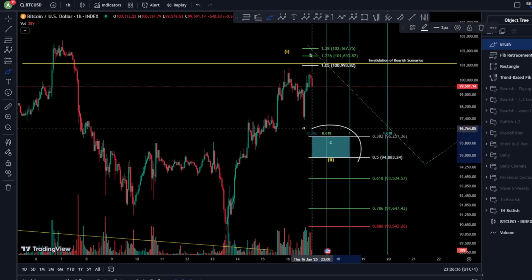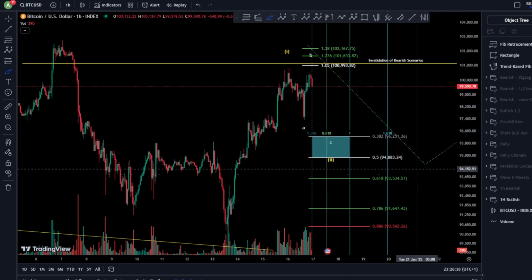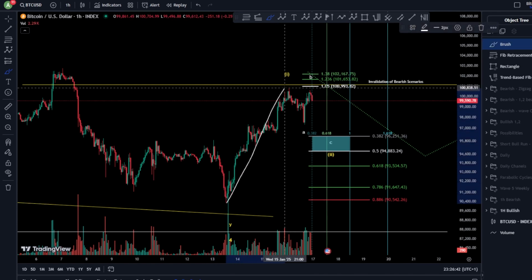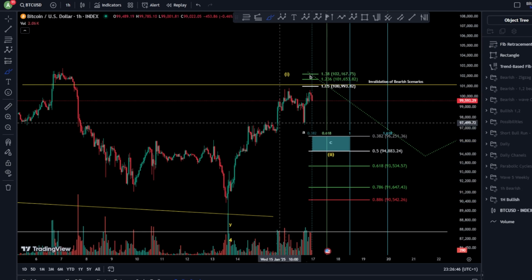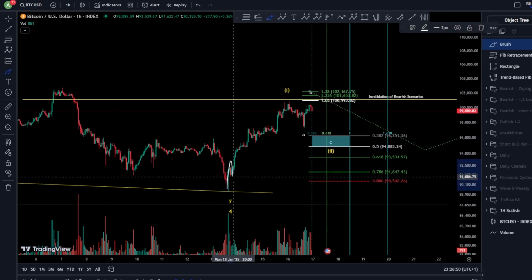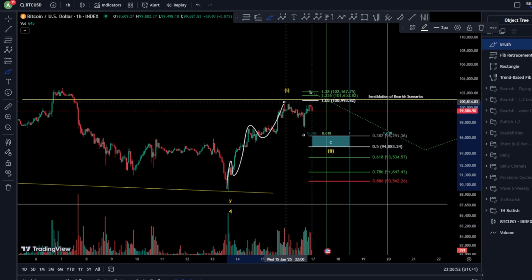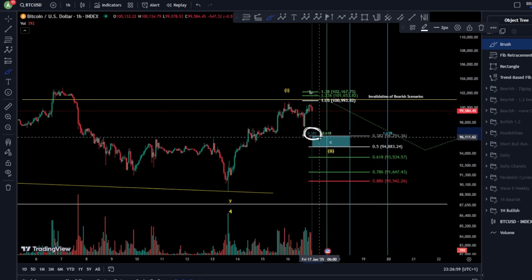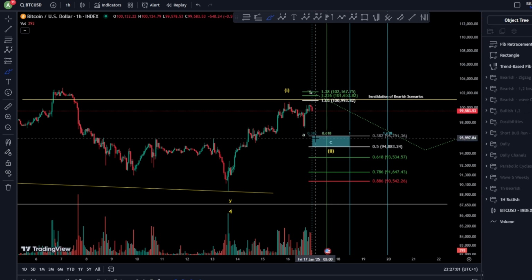Now if you can see here of course that we have the timing required for wave 2 after an impulse toward the upside, in case this is a wave 1 here and not an ABC. Of course we're gonna come to this scenario in a few minutes, but if we are still bullish we are looking at a finished wave 1, and a wave 2 requires at least the 0.38 fib level, which is less common.